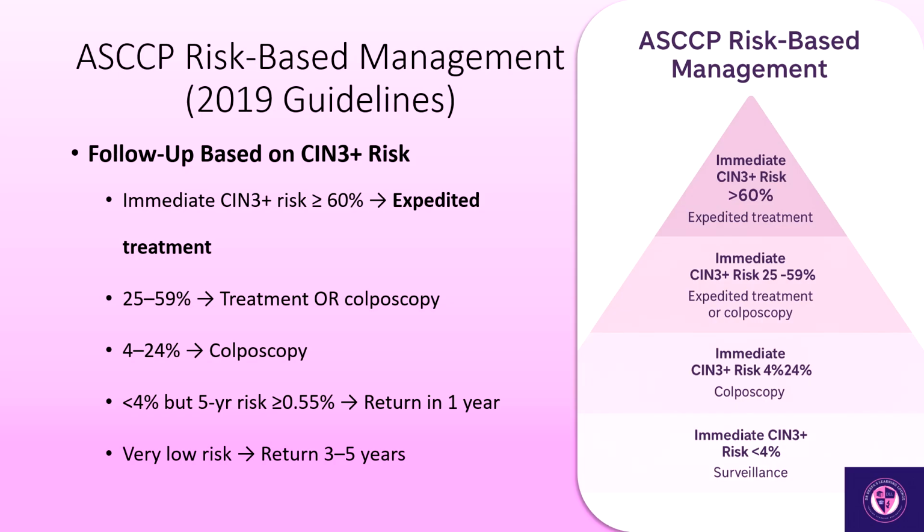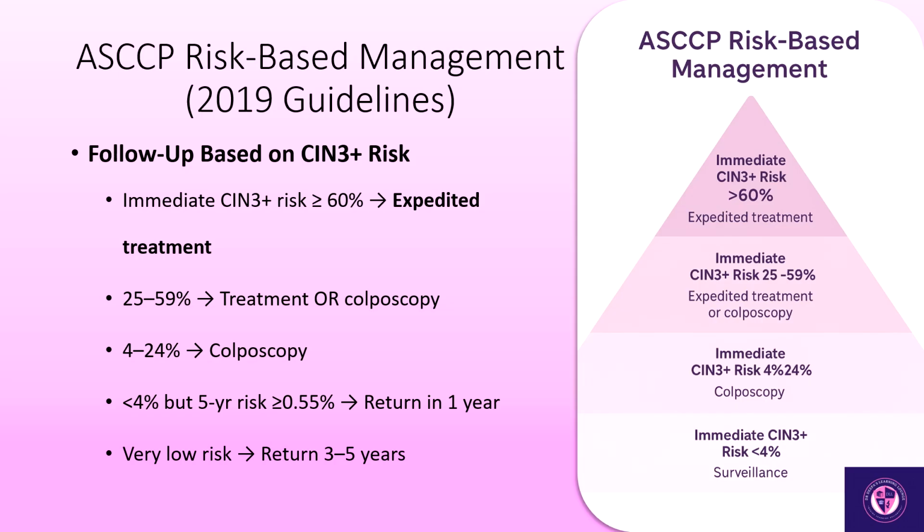So these thresholds are crucial. If immediate CIN3 plus risk is above 60%, expedited treatment is preferred. Between 25 to 59%, the clinician may choose either expedited treatment or follow-up with colposcopy. Between 4 to 24%, colposcopy is always recommended.